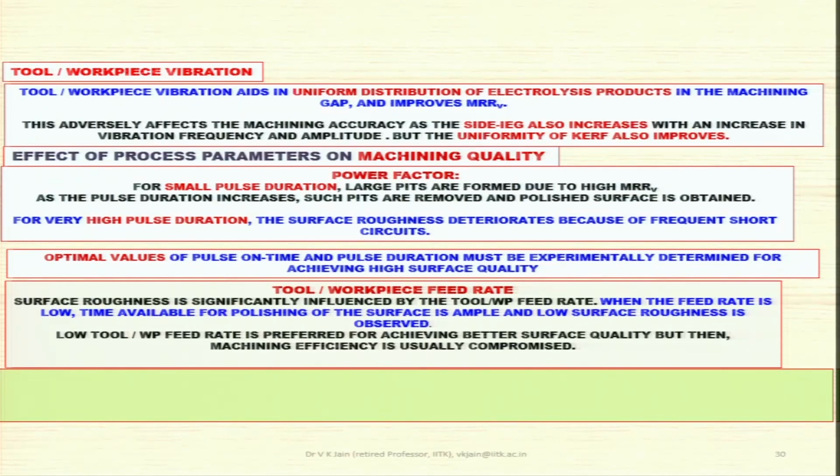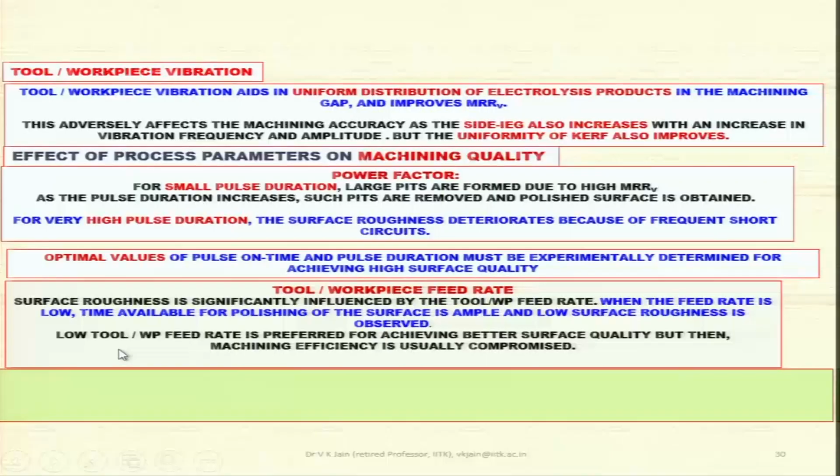In certain applications, definitely we need a little higher surface roughness value to perform certain functions on the workpiece. Low tool or workpiece feed rate is preferred for achieving better surface quality, but then machining efficiency is usually compromised.